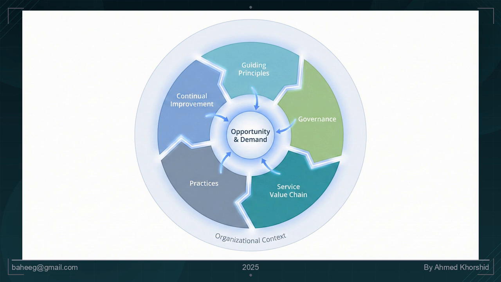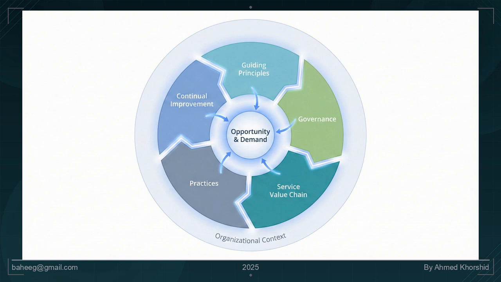Figure: extra detailed AI-ready prompt for AI-generated diagram showing the ITIL 4 service value system. The image should be clean, modern, and schematic. In the center, a small circle labeled opportunity and demand. Surrounding it, 5 interconnected, colored segments arranged in a circle, like a pie chart or a circular diagram, labeled guiding principles, governance, service value chain, practices, continual improvement.